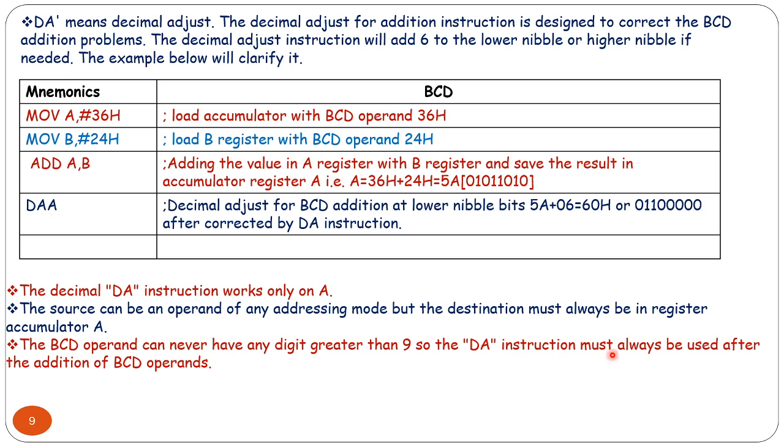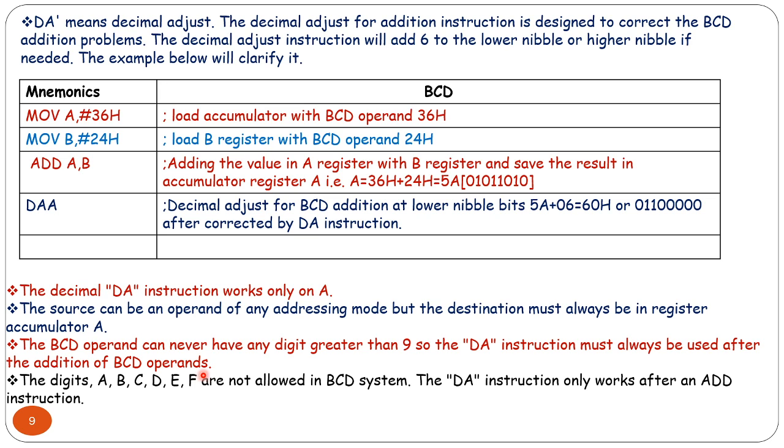So the DA instruction must always be used after the addition of BCD operands. The digits A, B, C, D, E, F are not allowed in BCD. The DA instruction only works after an addition instruction. The DA instruction will not work after increment or decrement.